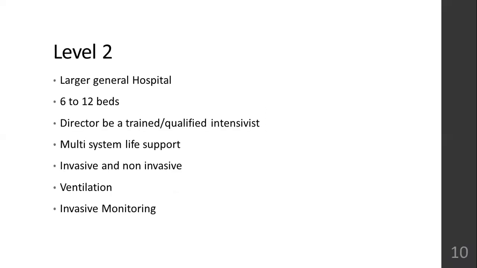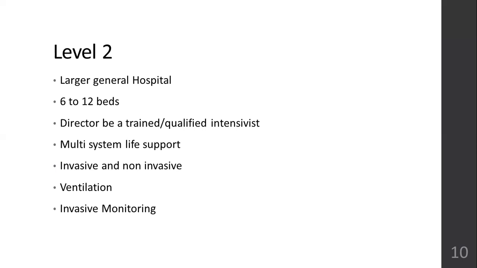Level 2 hospitals are larger general hospitals as compared to level 1. At least 6 to 12 ICU beds are available here. The director or in-charge of the ICU is an intensivist. In level 1, it was just a doctor in charge. Here it would be a qualified intensivist.